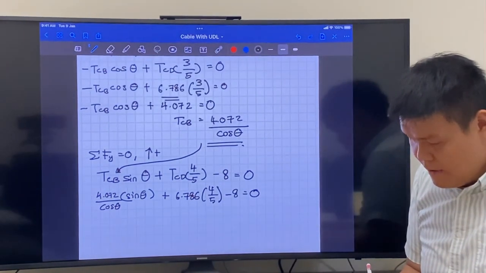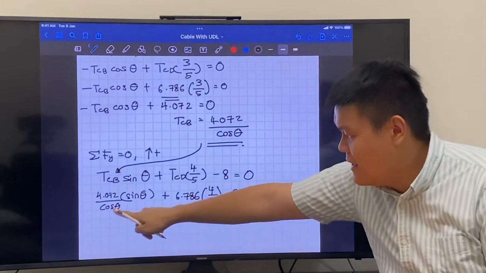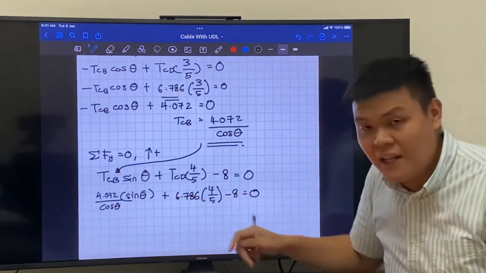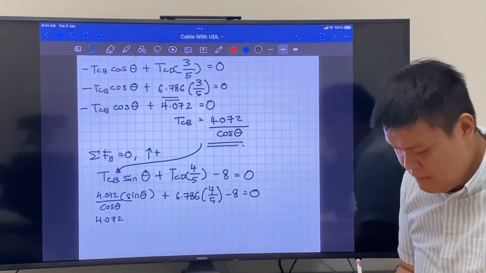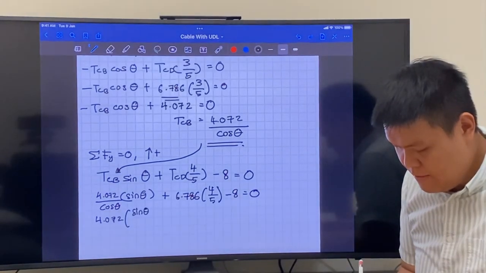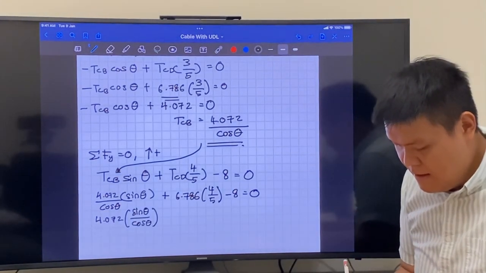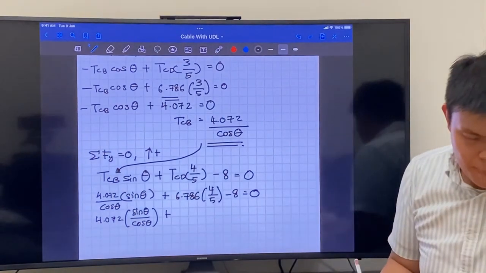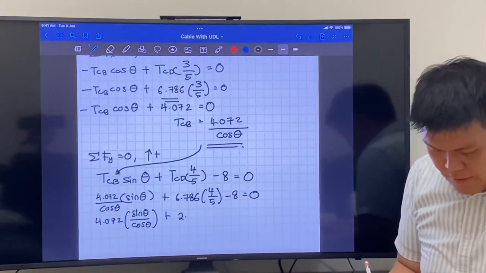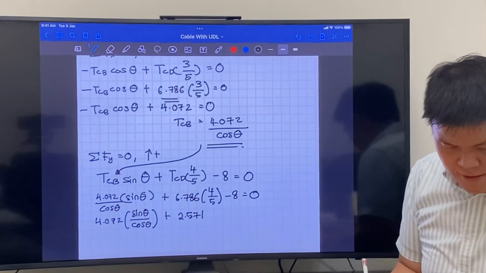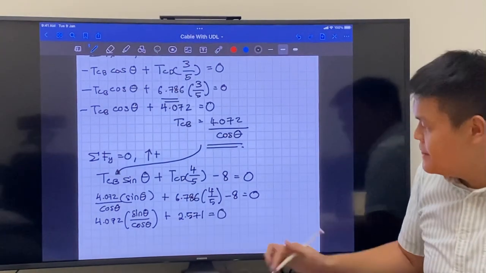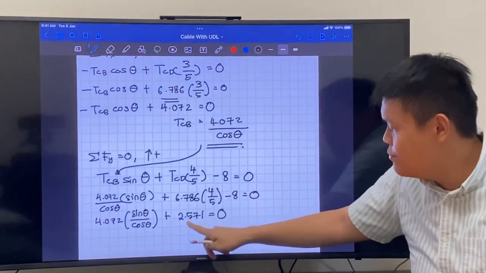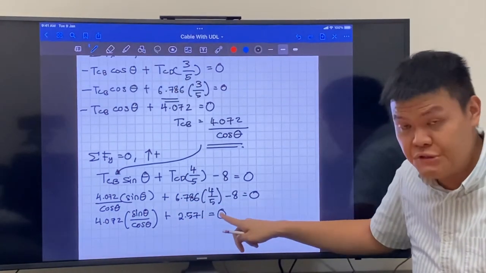So I can actually combine sine theta and cosine theta into one factor. So 4.072 sine theta over cosine theta plus 2.571 equals 0.